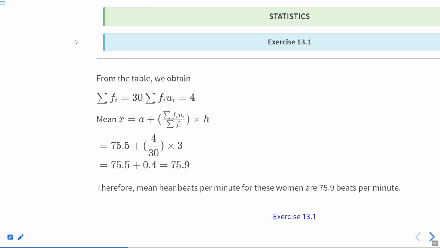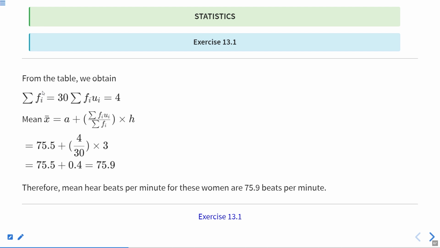So from this table, summation fi is 30 and summation fi ui is equal to 4. Now the mean x bar is equal to a plus summation fi ui divided by summation fi, into h. This is equal to 75.5 plus 4 by 30 into 3, which is 75.5 plus 0.4, and this is equal to 75.9.